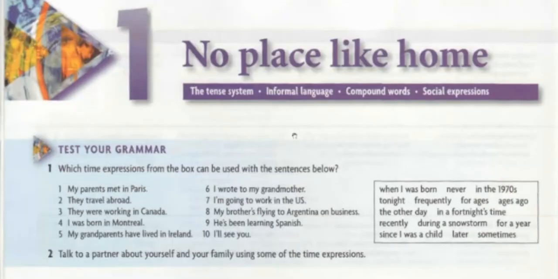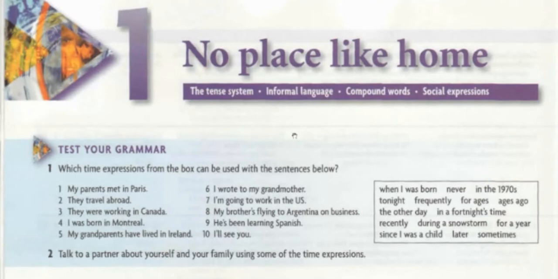The first exercise, I gave it to you as homework. Do you want to go through it, or you were fine? We have sentences and verbs, and then you have to choose from the box the adverbs or time expressions that go with the verb, with the tense.